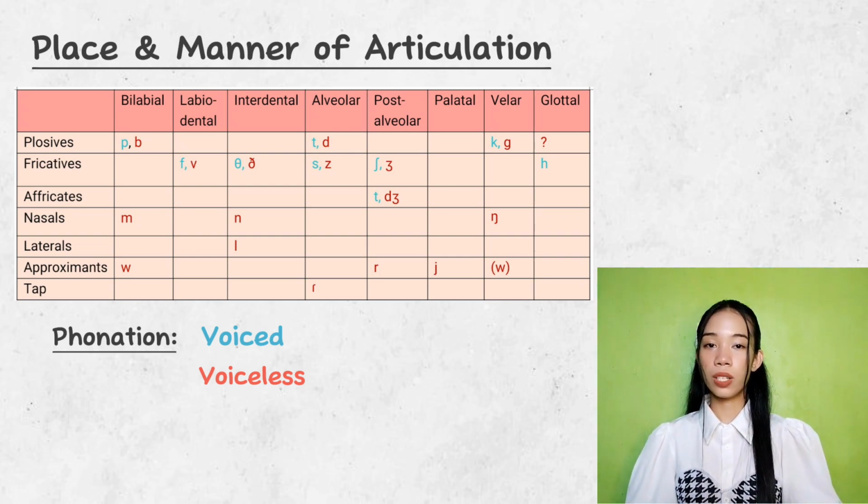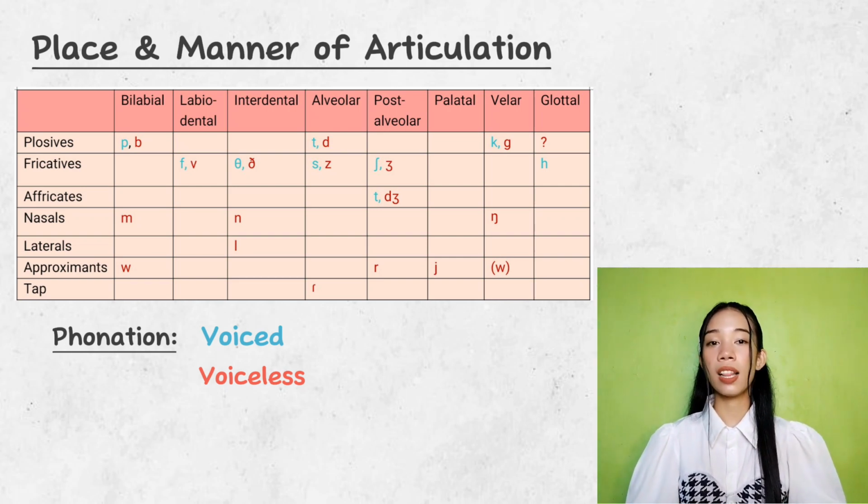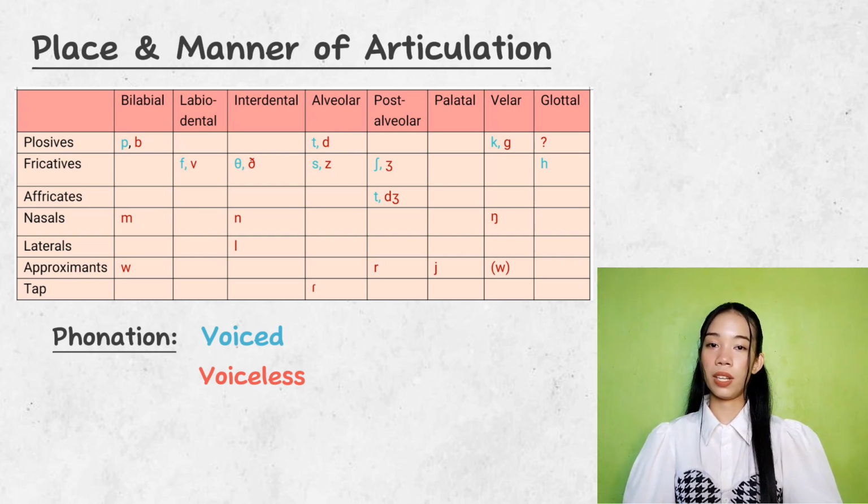And then, of course, you also might want to know, where in the mouth are they produced? And that is the place of articulation. It really literally goes through the mouth, from bilabial, that means formed with both your lips, to labiodental, interdental, alveolar, postalveolar, palatal, velar, and glottal. And all of the consonant sounds are given.